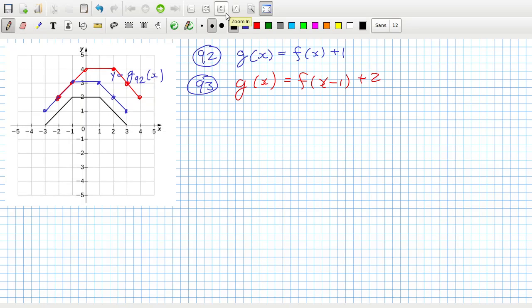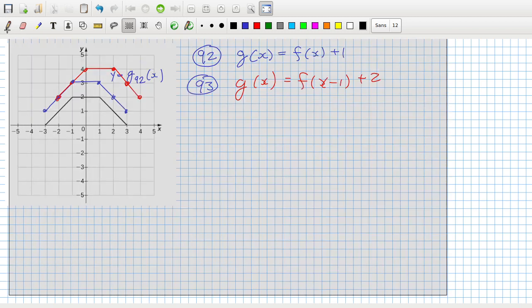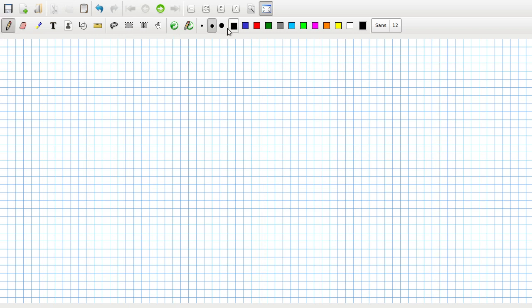Okay. For the following exercises, for each of the piecewise defined functions, A, evaluate at the given values of the independent variable, and B, sketch the graph. Okay, so I'm going to need to make some space here. Let's make our graph first.